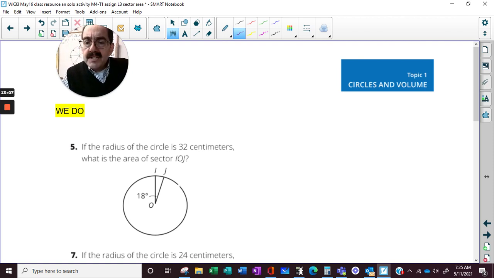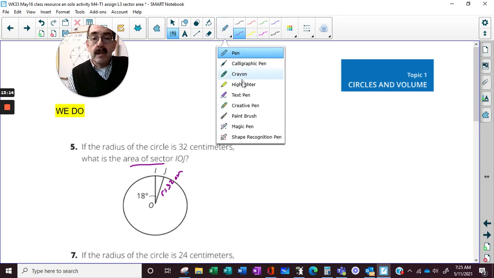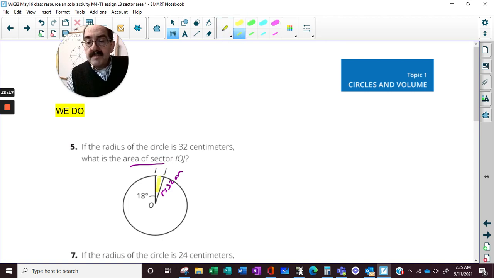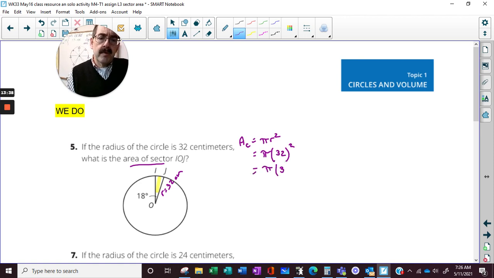All right, radius. So r equals 32 centimeters. What is the area of the sector? So again, we want this piece of the pie. Step 1: area of the circle, pi r squared, and our r is 32 centimeters, so pi times 32 times 32.